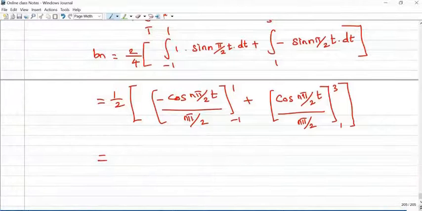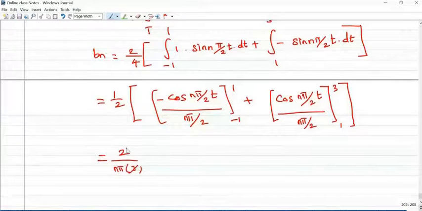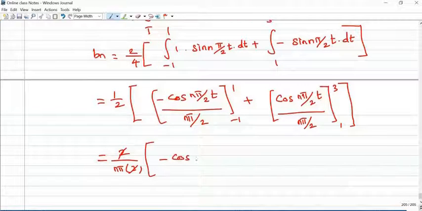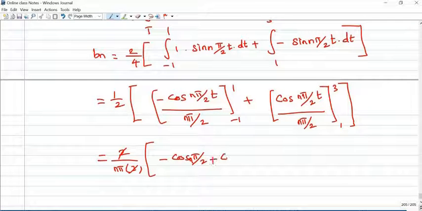So n pi by 2 is a common term. So take outside. So 2 divided by n pi by 2 simply cancels. So minus of cos n pi by 2 minus of cos n pi by 2 is the first term. Minus into minus is plus. Cos of minus theta is cos theta. Cos n pi by 2 is the second term.